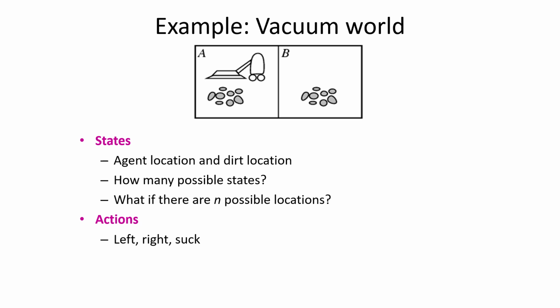The transition model describes how each action changes the state. Moving left or right changes the agent's position, while the suck action cleans the dirt at the current location. This simple environment illustrates how agents perceive states, choose actions, and respond to changes in their environment.